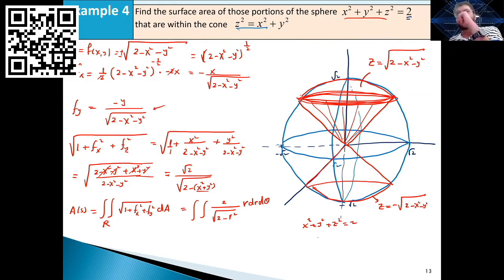The cone is x squared plus y squared is equal to what? z squared. So what I'm going to do, I'm going to replace this one with z squared. So we have z squared plus z squared is equal to 2. So 2z squared equal to 2. So z squared is equal to 1, which implies that z is plus or minus 1.